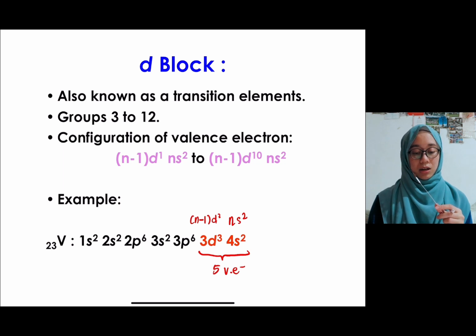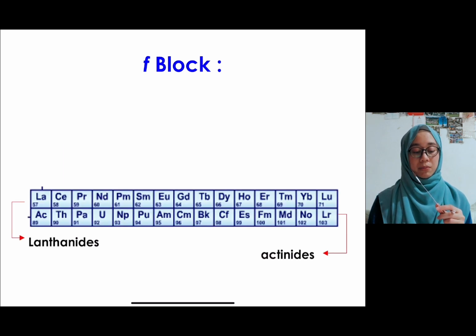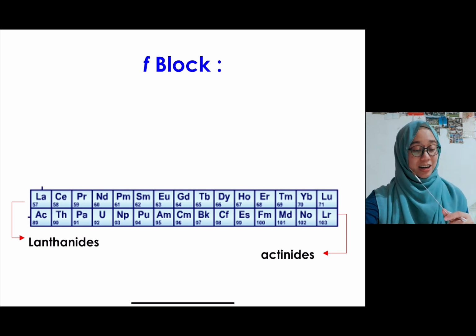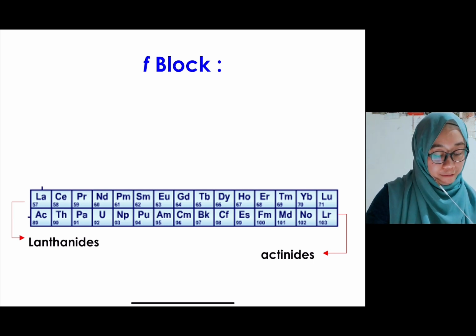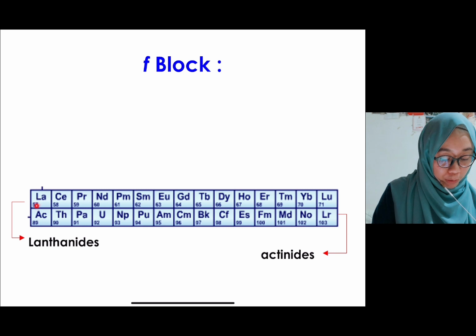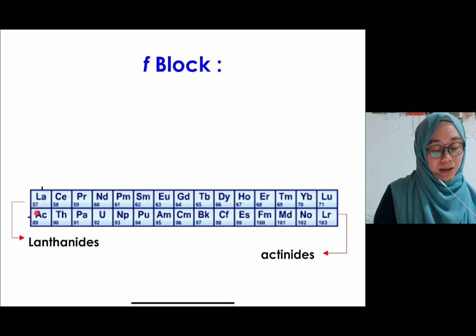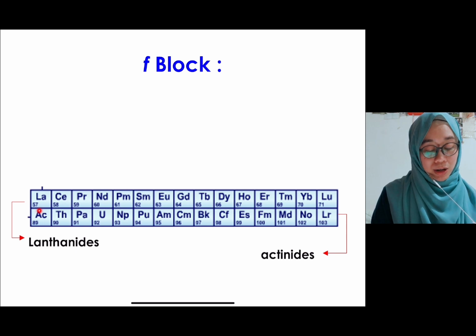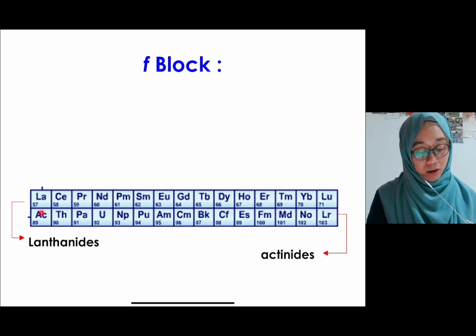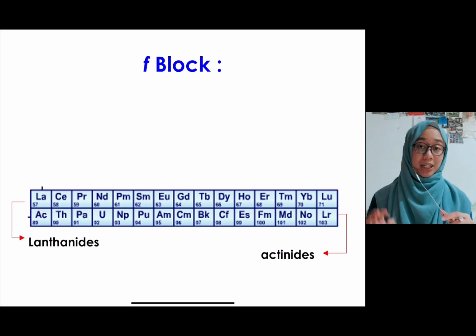Okay, and then we have F block elements, but luckily we will not get there. Okay, because the very first element that involves F block is the one that has 57 protons. Okay, once we meet the element with proton number 57, only then does it start filling F block. We don't learn it, but Miss just introduces it.